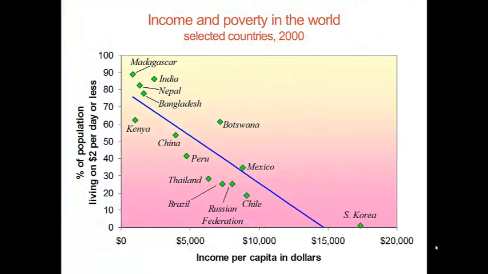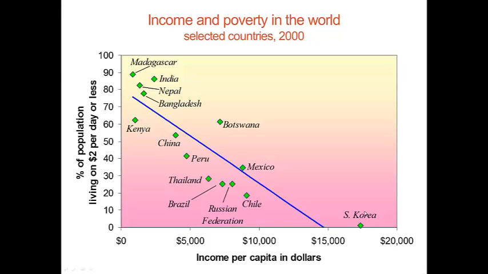Let's look at a graph to get a further understanding of the importance of economic growth. This graph shows that countries that have high income tend to have low poverty. Take South Korea, for example.